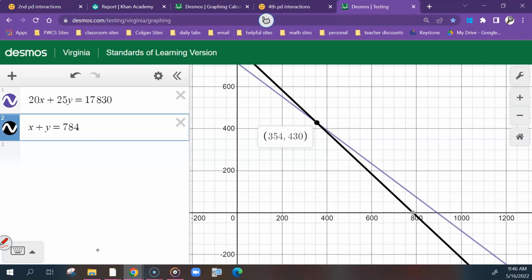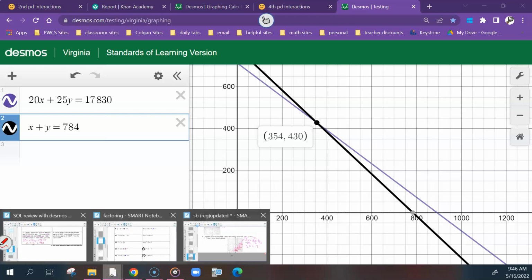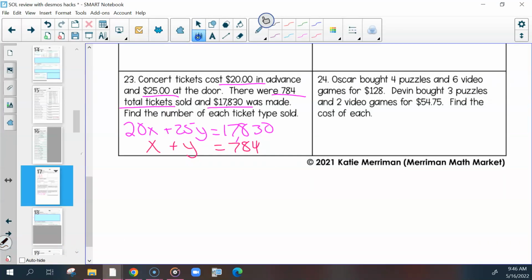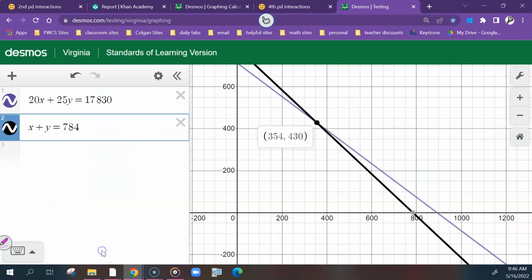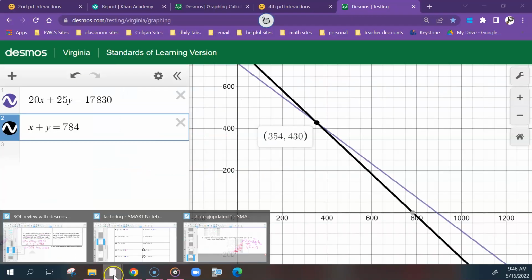So 354 and 430 would be our two answers. 354 is our X value, so that would be concert tickets in advance. And then 430 is the other.